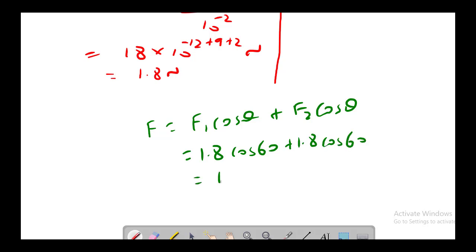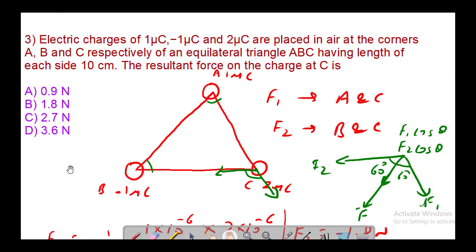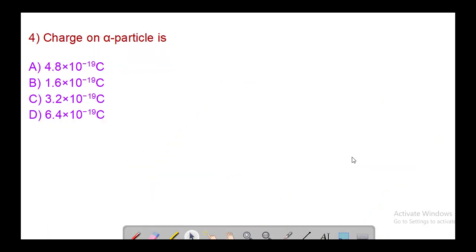Now cos 60 is half, so 1.8 into half plus 1.8 into half comes out to be 0.9 plus 0.9, so it is 1.8. So the answer F is 1.8. Let us see in the options, we have 1.8, so B is the correct answer for this. Next is question number 4.